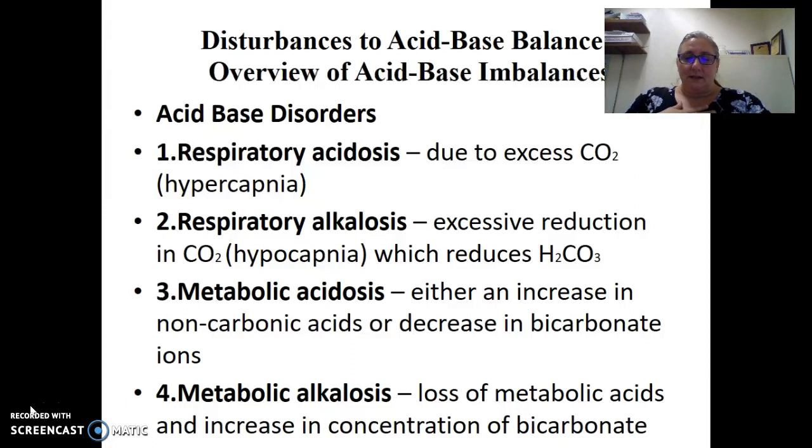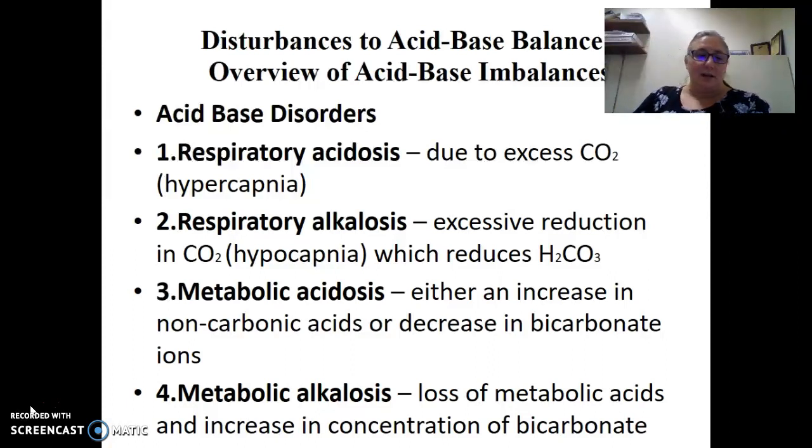Metabolic acidosis is going to be an increase in some type of an acid or a severe decrease in bicarbonate. In both cases, it's going to lead to an acidosis. So I always talk about lactic acidosis or ketoacidosis. Those are the two that I'm most familiar with. Lactic acidosis occurs when lactic acid builds up in your system.